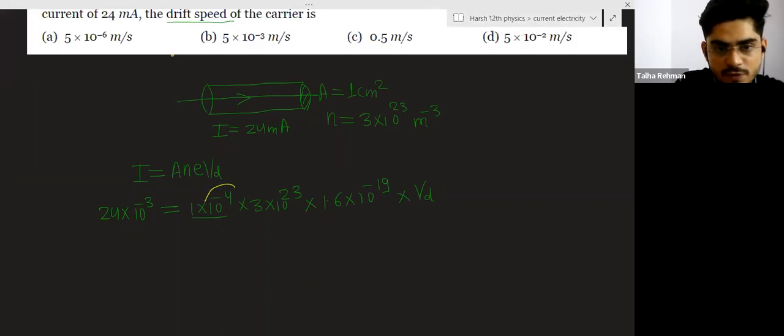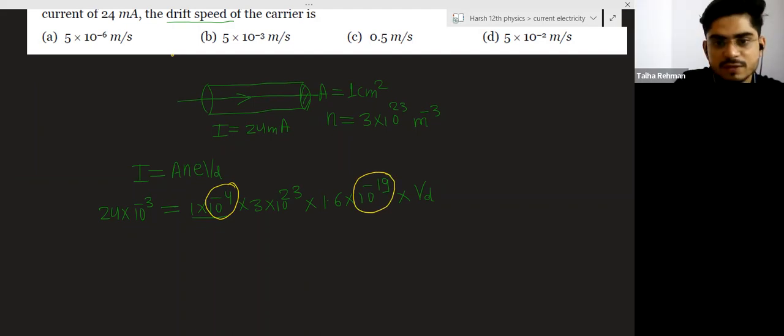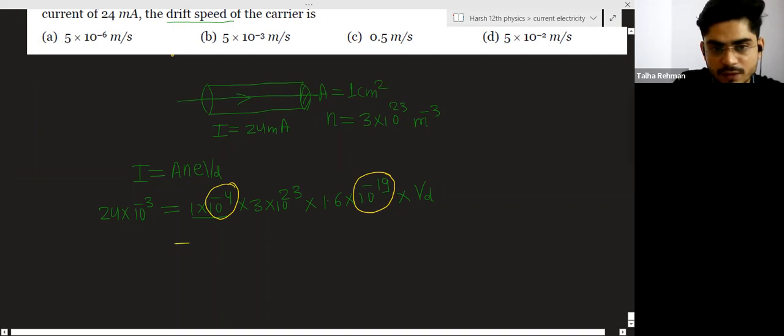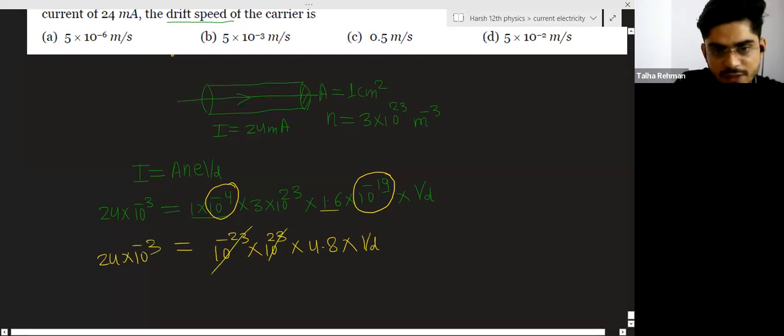The resultant of this is minus 4, this is minus 19, so this will become minus 23. So this will become 10 to the power of minus 23, and we already have 10 to the power 23 and 1.6. When you multiply this with this, you will get 4.8. And this is vd. And here we have 24 into 10 to the power minus 3. This term and this term will cancel out.